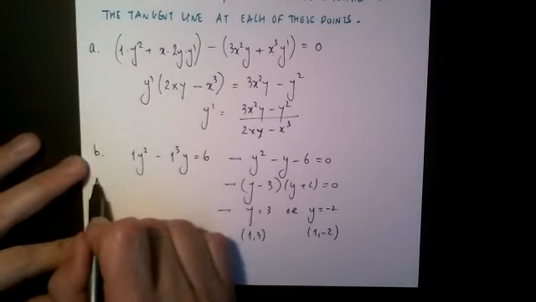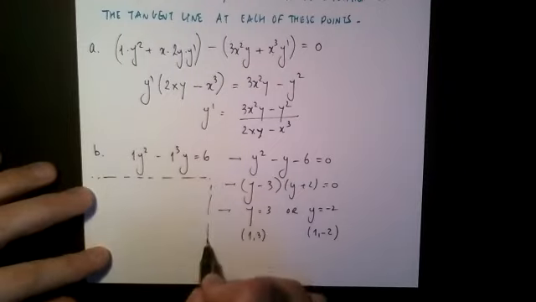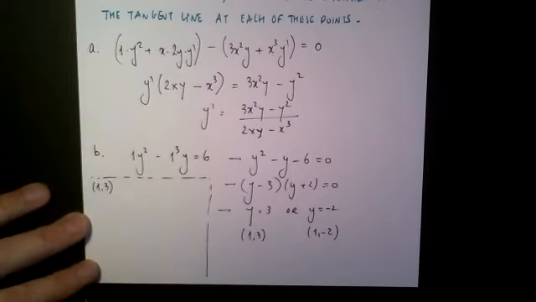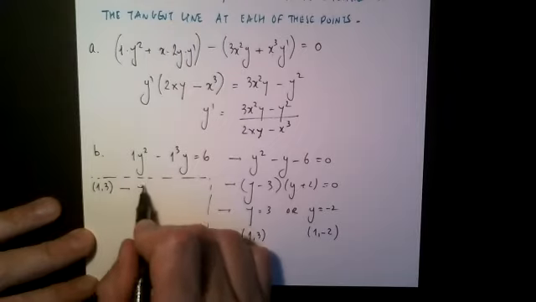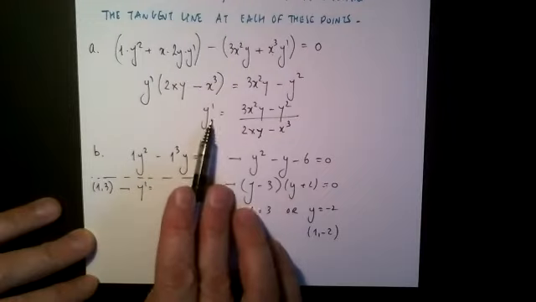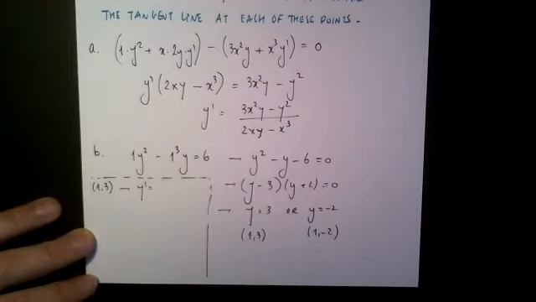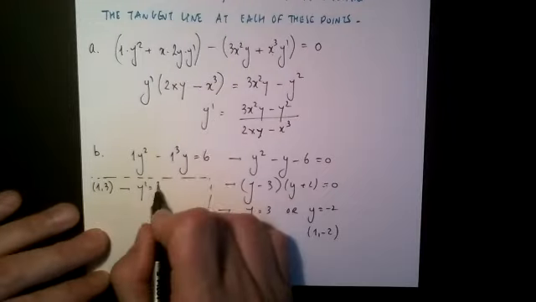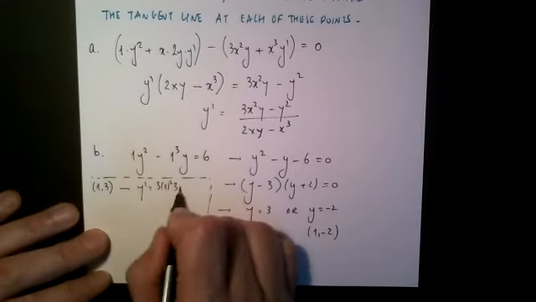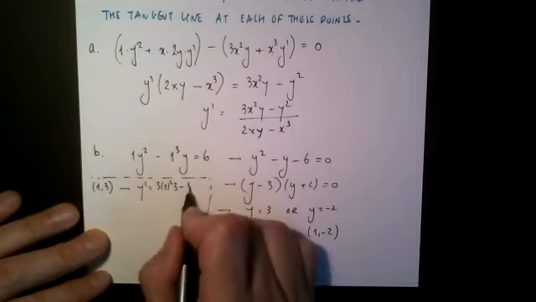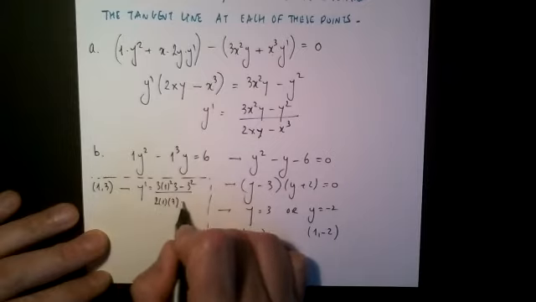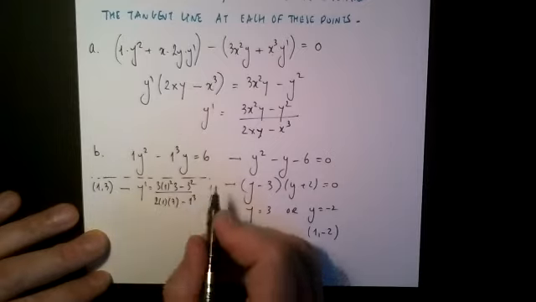Okay, let me try to fit everything on this little side here. So at (1, 3), what is the slope? So I just need to replace 1 and 3 in here, and I'm going to get the y prime. So 3 times 1 squared times 3 minus 3 squared over 2 times 1 times 3 minus 1 cubed.